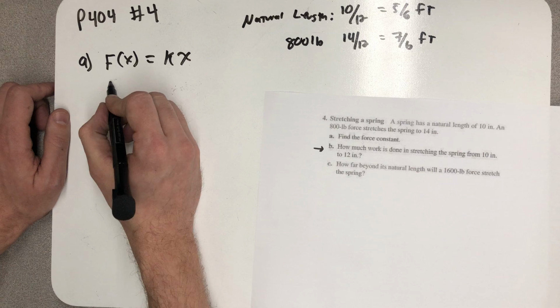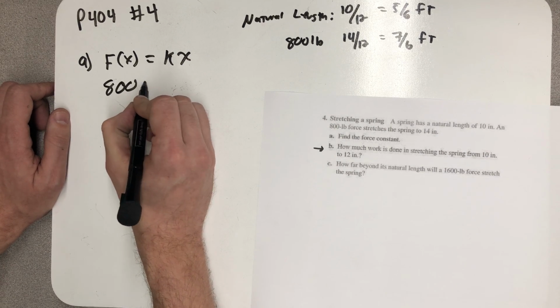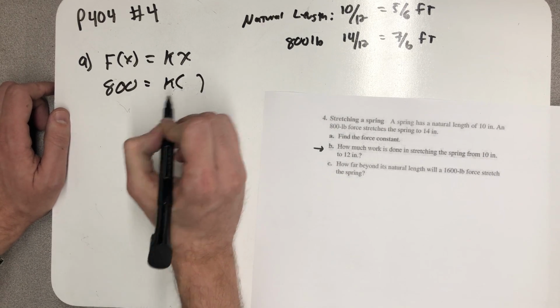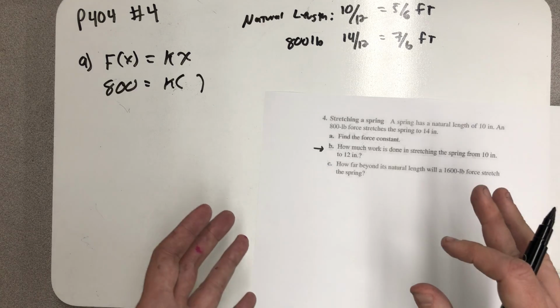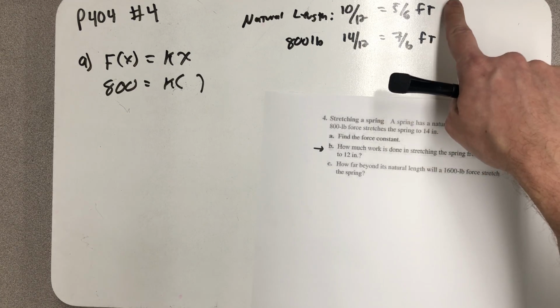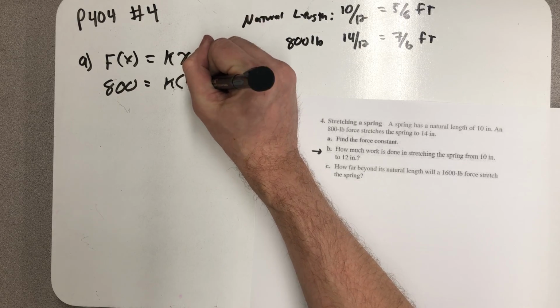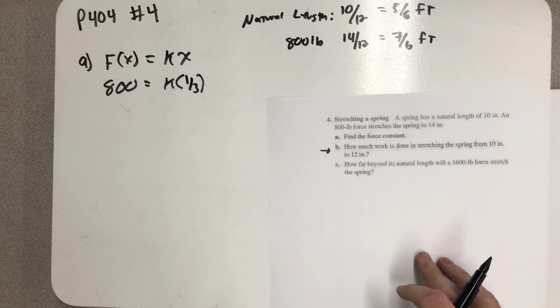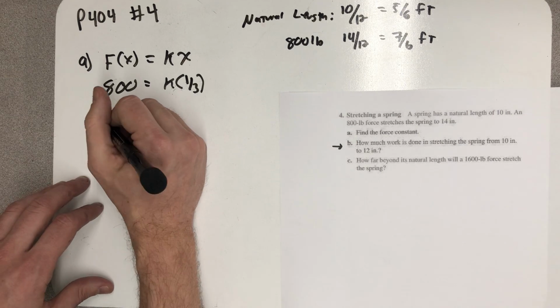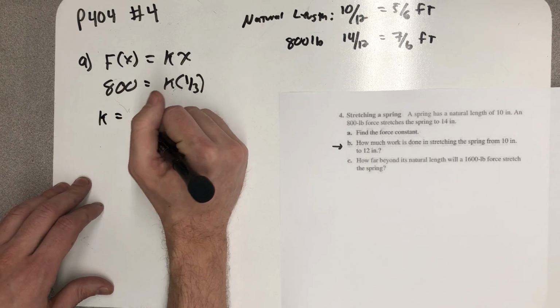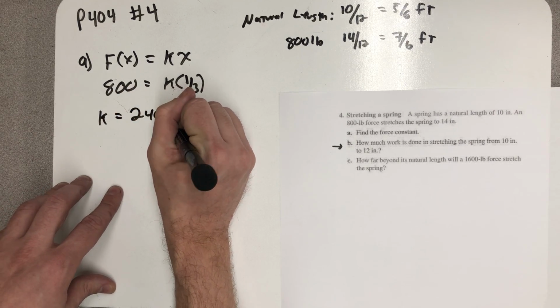All right, so the 800-pound force must be equal to K times the amount the spring has been stretched. Well, I started at 5/6 and now it's 7/6, so that's 2/6 or 1/3 of a foot that it's been stretched. Multiply both sides by 3 and I find that K is 2,400.